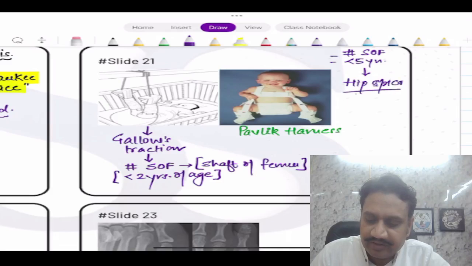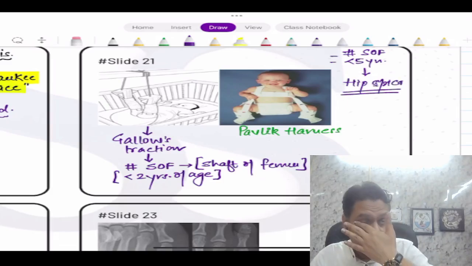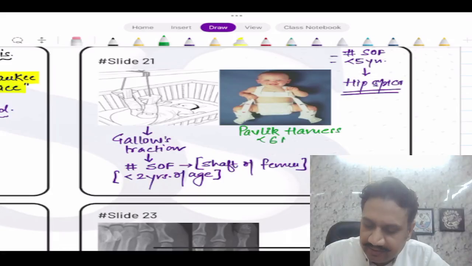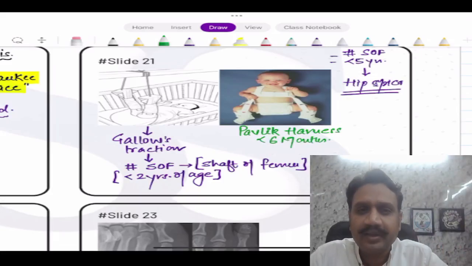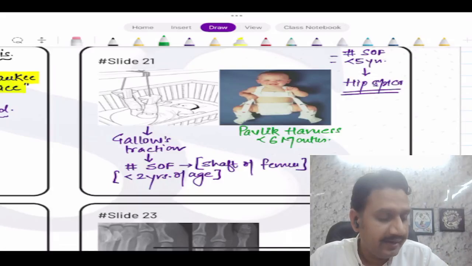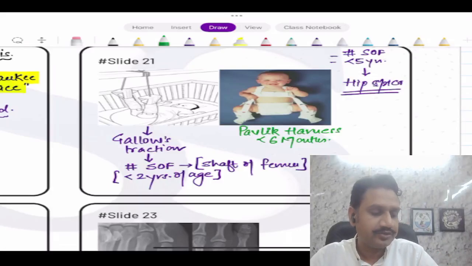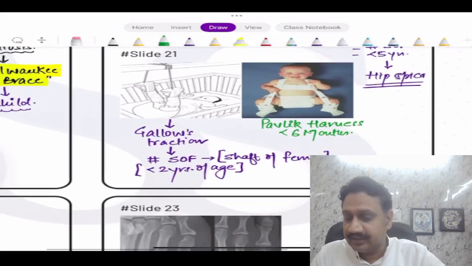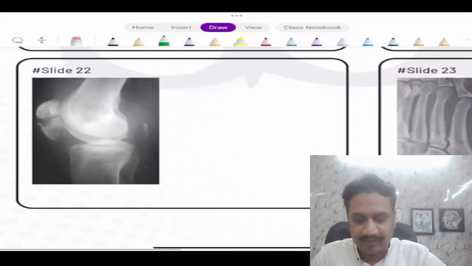So Pavlik harness in any child less than 6 months, any child less than 2 years, gallows, and any child less than five, the best management is hip spica. Right? Till 5 years, yes, absolutely correct, Priyanshu. You're right. Yes, this one is hip spica. Okay, so these are the management plans for the fracture shaft of the femur.